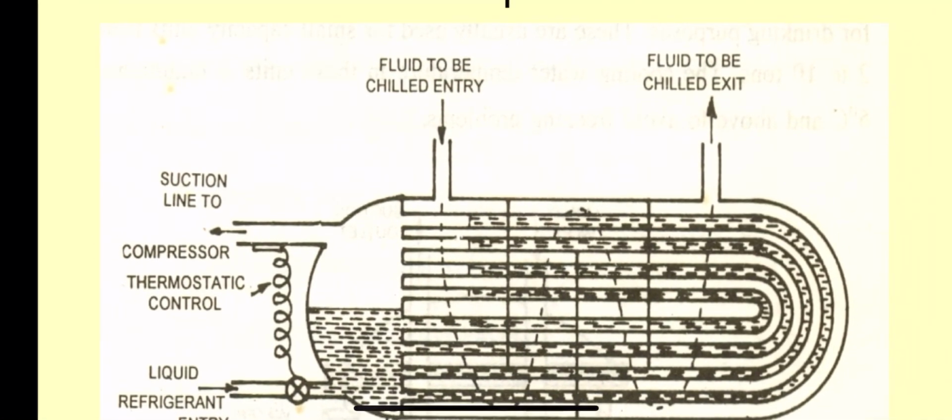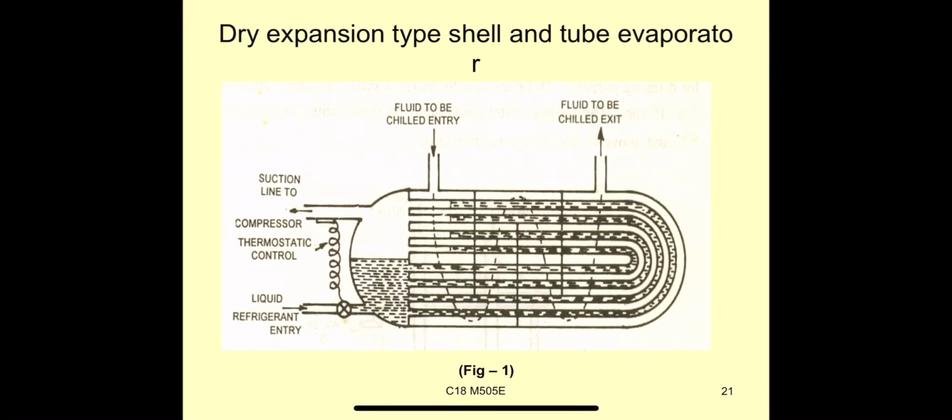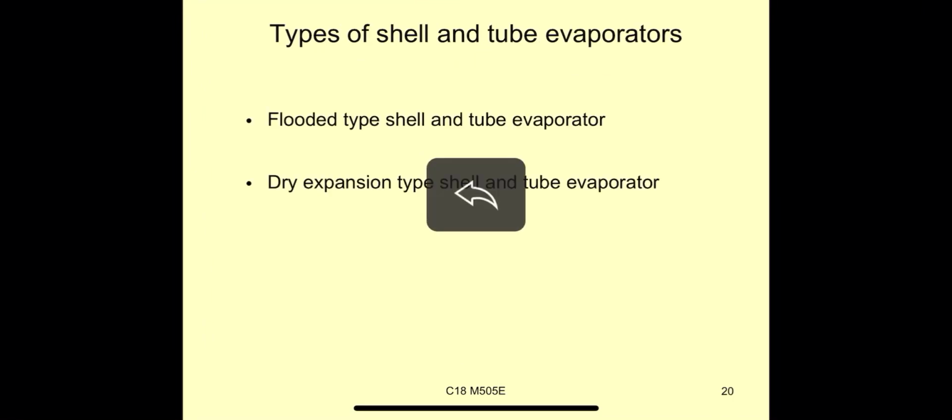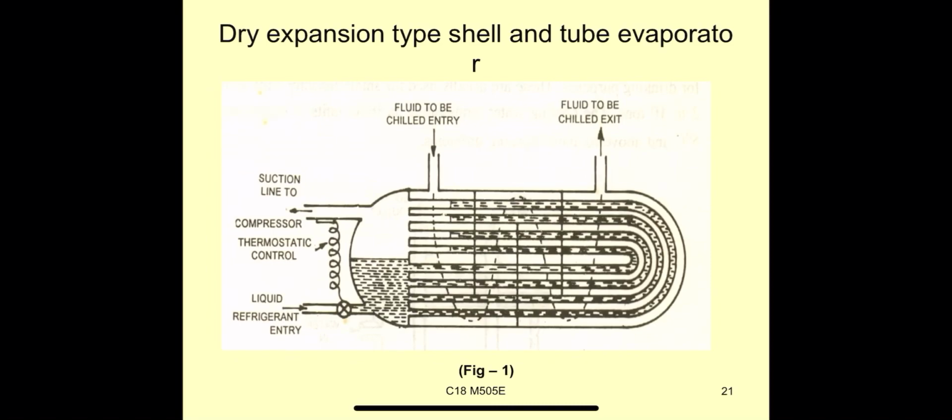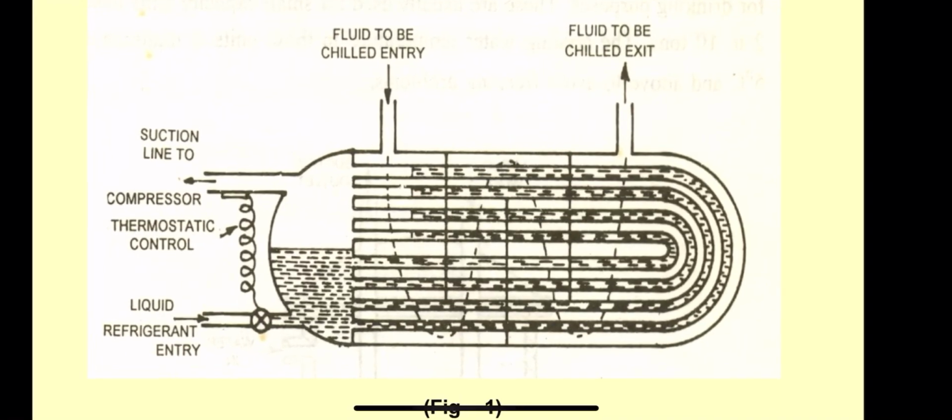This is a shell and tube type evaporator. This is the shell, and these are the tubes. The fluid to be chilled enters and exits here.